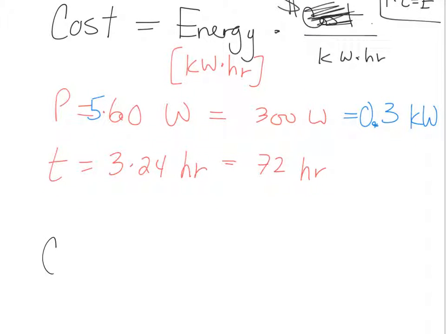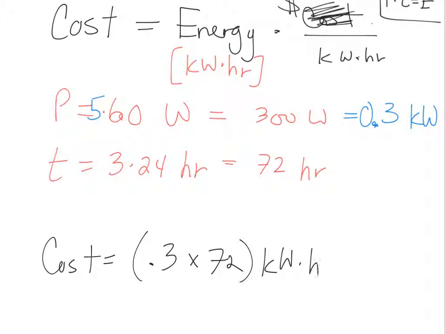Let's write this out. So cost is going to be energy, which is 0.3 times 72 units of kilowatt hours, times the cost per kilowatt hour, which was 25 cents per kilowatt hour.